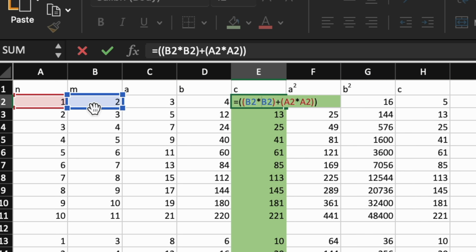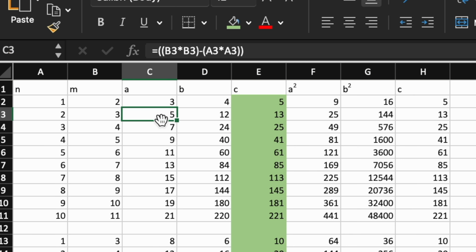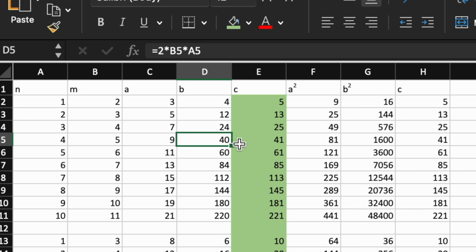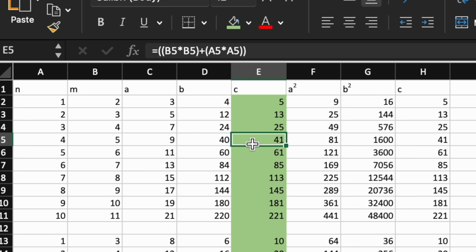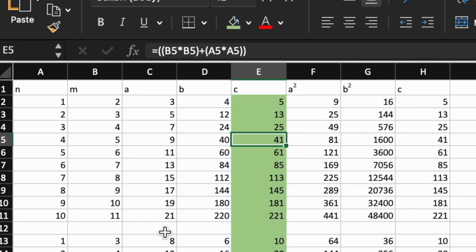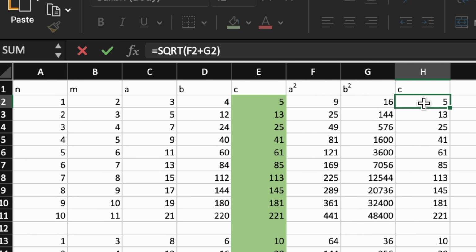And it checks out, so those far right columns are just me checking to make sure that that in fact does equal a squared plus b squared, and that far right column C will be the square root of those summed together. So that is my Excel spreadsheet and how I came up with the Pythagorean triples that I used in my flashcards on GalaxyPhi Math.